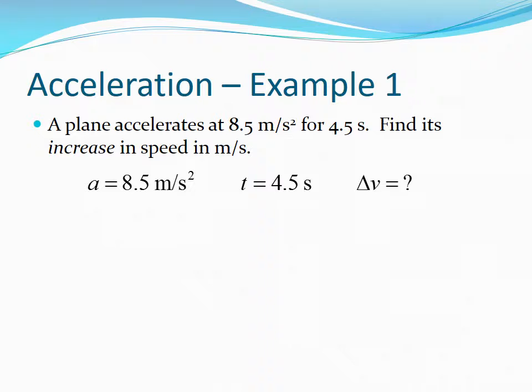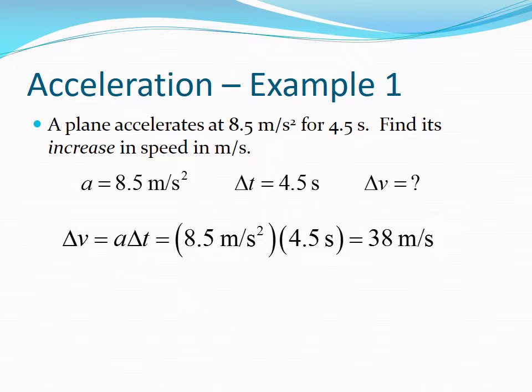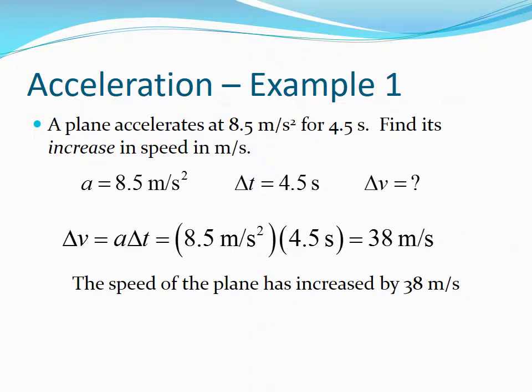We are looking for the change in velocity. The working equation is delta V equals A times delta T. Substituting what we know, the change in speed is 38 meters per second. Since this value is positive, the speed of the plane has increased by 38 meters per second.